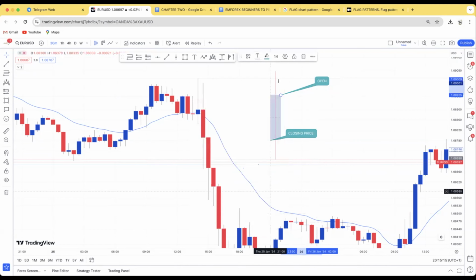So what this simply means is the candlestick opened above, came back down, and then managed to close here, or here, or anywhere, as long as it is below the opening price.